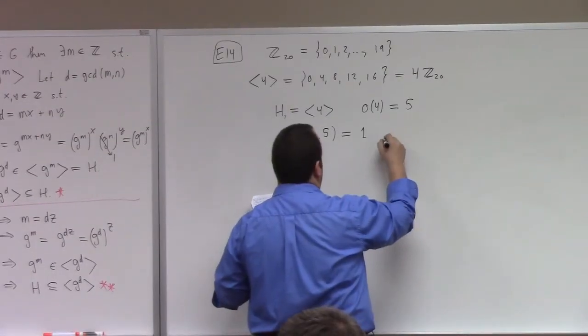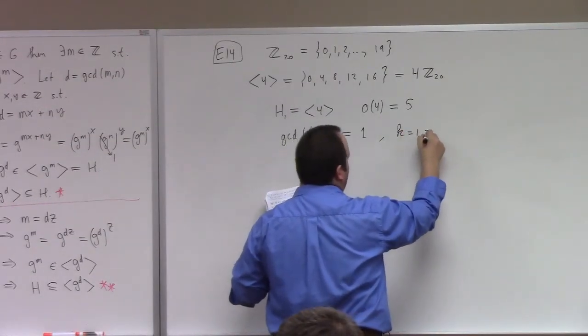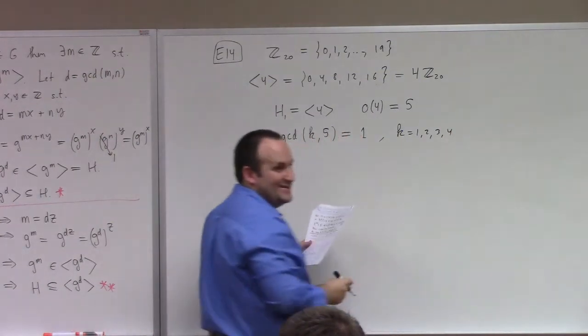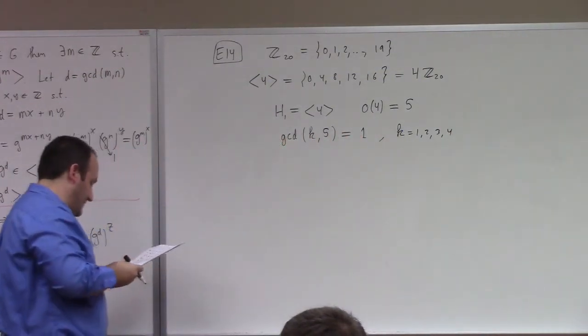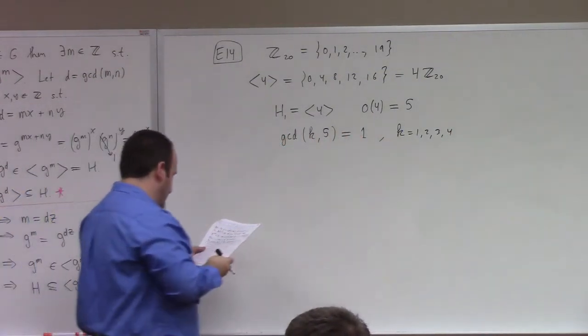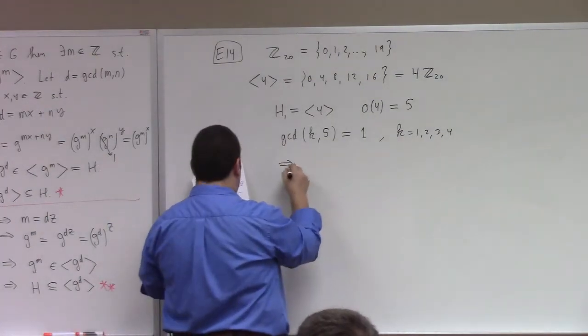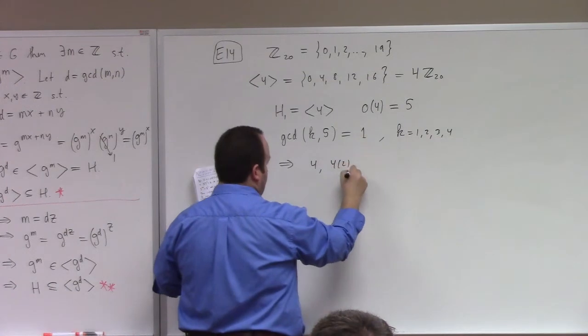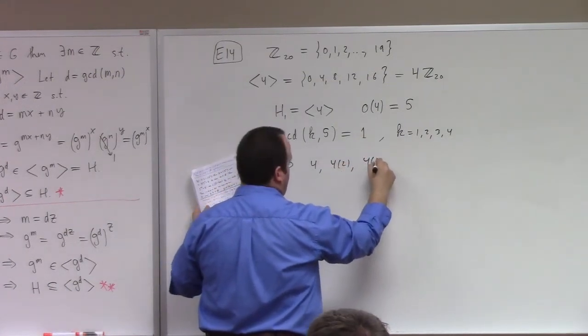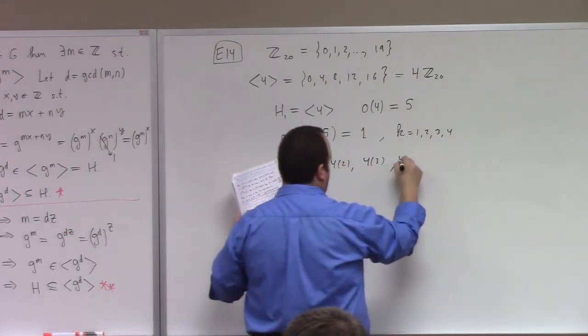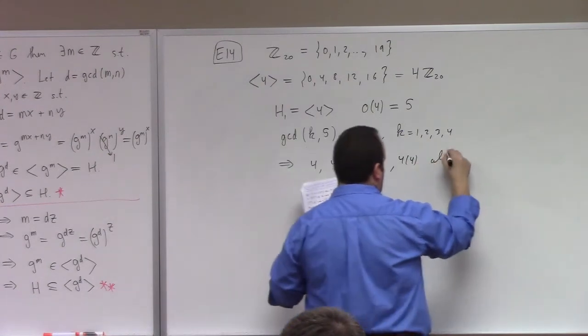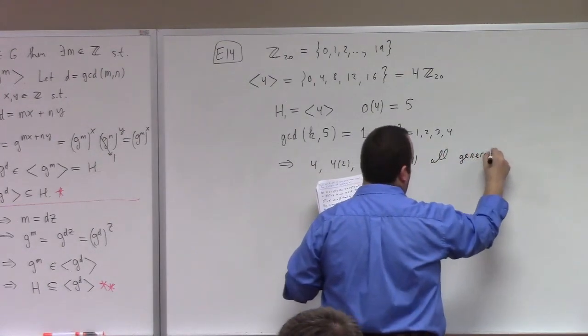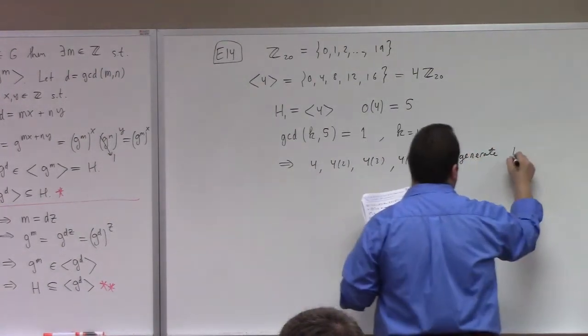Well, this is kind of hard to mess up, right? 1, 2, 3, 4, right? Great. What does that mean? That means that by the earlier theorem in this section, 4 times 2, 4 times 3, and indeed 4 times 4 all generate H1.